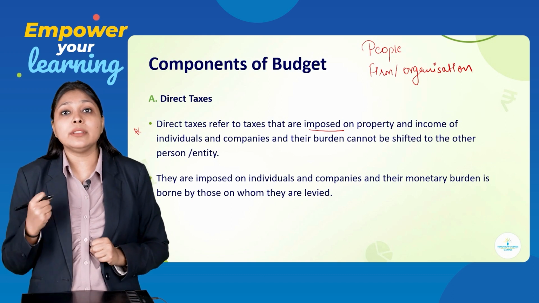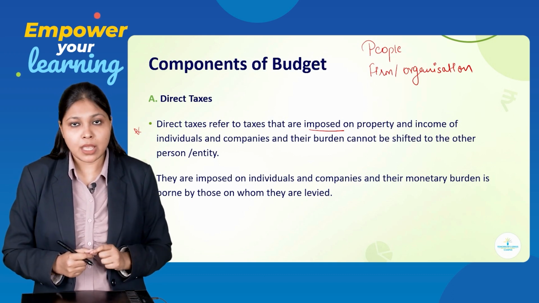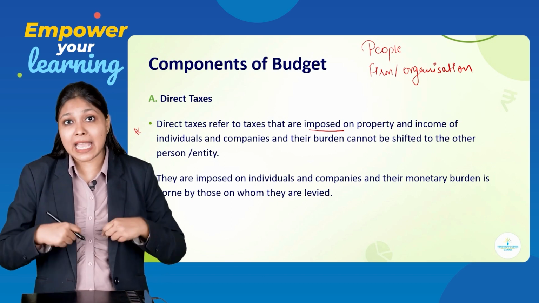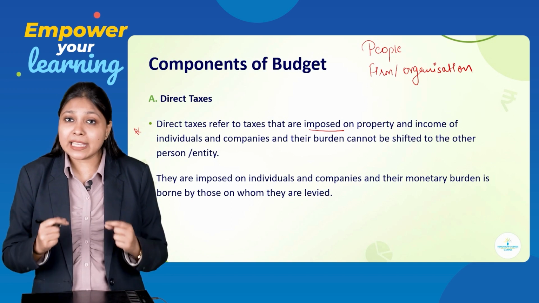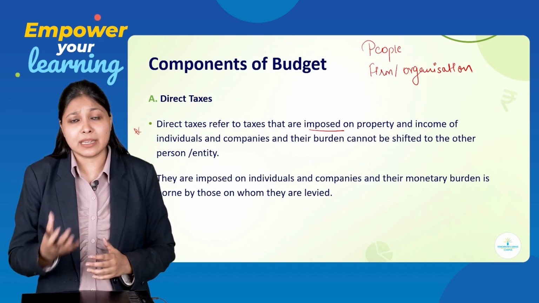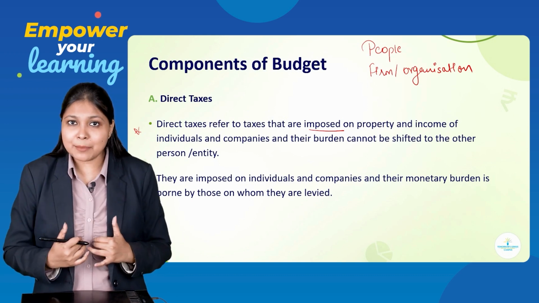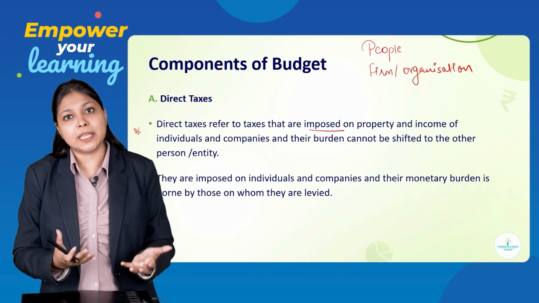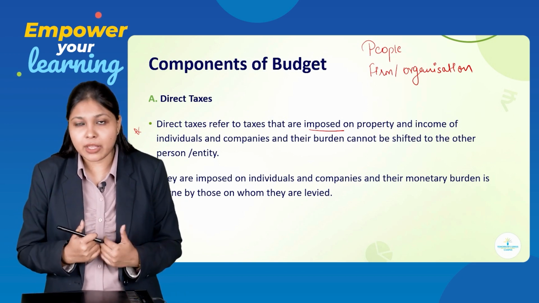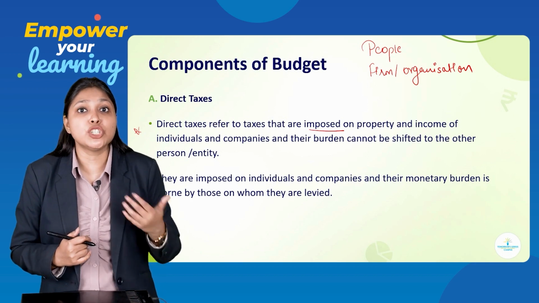Now I will have to pay taxes from that salary amount. When I pay taxes, it is my duty to pay them. I cannot shift the burden of paying the tax to my friends, my relatives, or my parents, or anyone else. Since I am earning, I am obliged to pay the tax. Nobody else will pay the taxes on my behalf. So that is why we say direct tax is something which cannot be shifted.